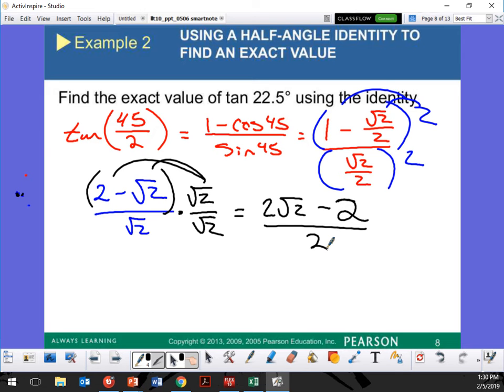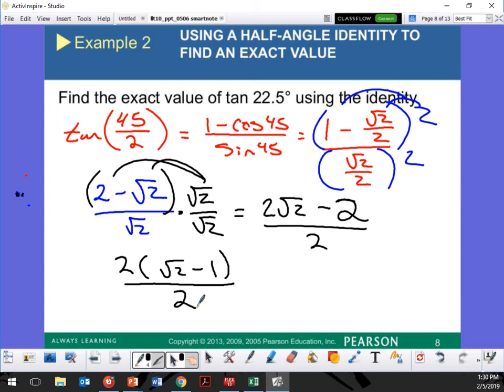So what are we F'ing out of the top? The 2. Let's factor out the 2. So it's going to be a 2, and what's left? Rad 2 minus 2 divided by 2 is 1. I divided a 2 out, right? That's what factoring is. Dividing it out. And all this is going to be over 2.